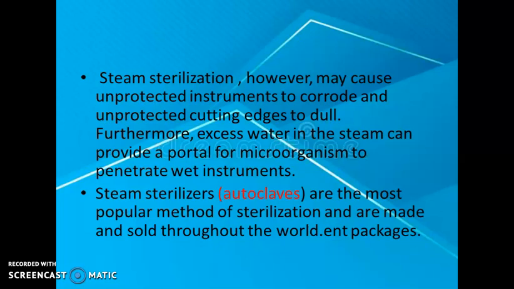Steam sterilization, however, may cause unprotected instruments to corrode and unprotected cutting edges to dull. Furthermore, excess water in the steam can provide a portal for microorganisms to penetrate wet instruments.